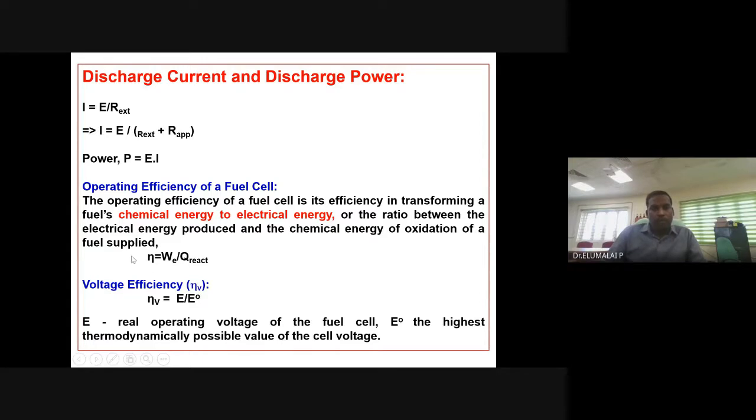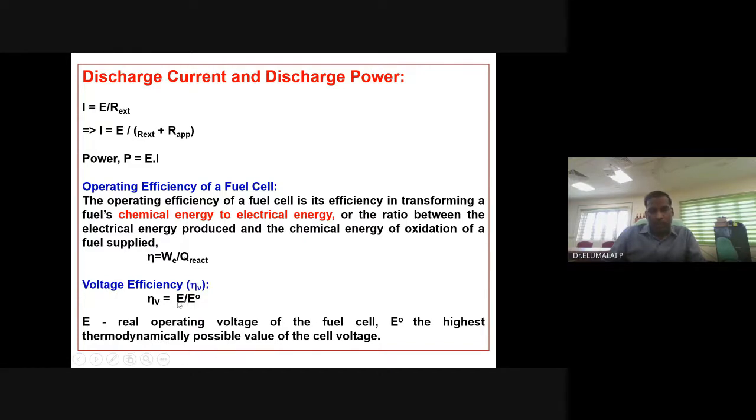The other parameter to characterize the fuel cell is voltage efficiency. You know the theoretical voltage, the thermodynamic voltage, and the open circuit voltage. The ratio between the voltage and the theoretical voltage is the voltage efficiency. This is typically about 60 to 70% in a normal fuel cell. So the voltage efficiency is not 100%.